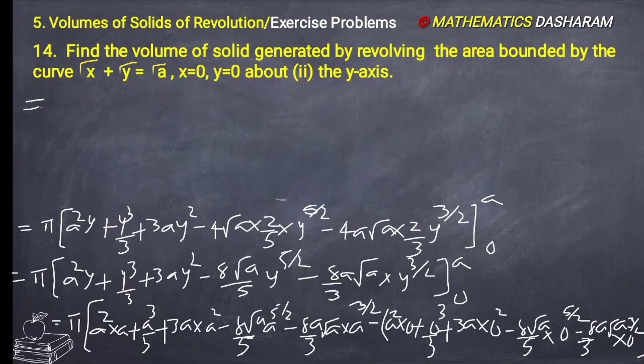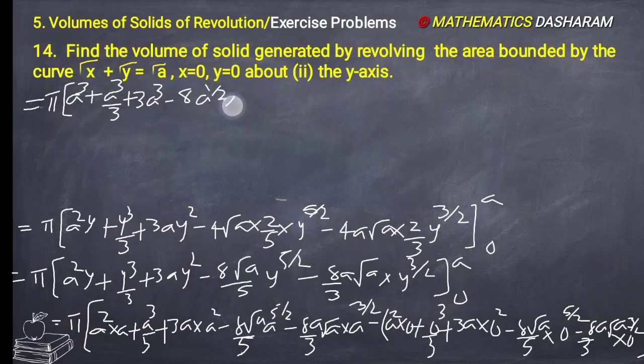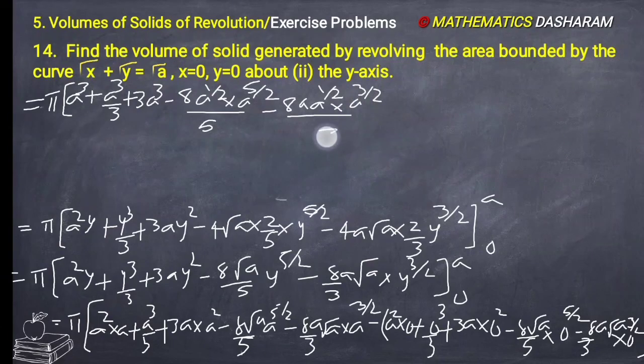It is equal to pi into a cube plus a cube by 3 plus 3a cube minus 8 into root a, can write as a to the power of 1 by 2, into a to the power of 5 by 2 divided by 5, minus 8a, here a to the power of 1 by 2 into a to the power of 3 by 2 by 3.